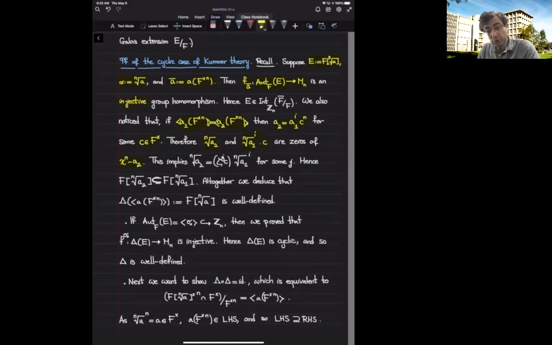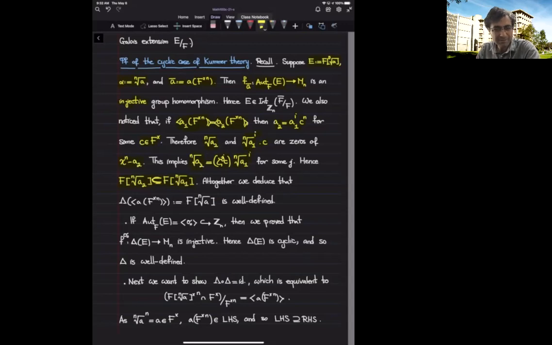And because all the solutions differ by a power of zeta, I deduce that the nth root of A2 is some power of zeta times C times the nth root of A1 raised to power i. In particular, I can deduce that the field generated by the nth root of A2 joined with the base field F is contained in the field generated by the nth root of A1.